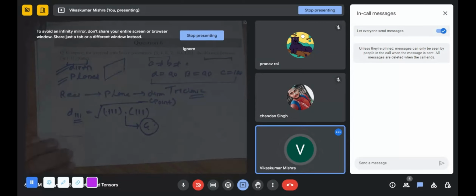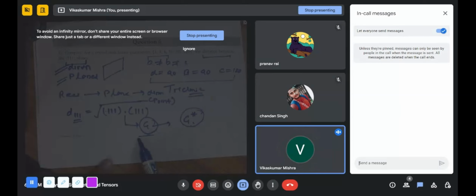If we want to do the same thing in the reciprocal space, instead of this G, we will need the reciprocal metric tensor. So now the question which was asked by you: the G has been changing, the metric tensor has been changing because we change our basis. In real space, our basis was a, b, and c. In the reciprocal space, our bases are a star, b star, and c star. This is our reciprocal basis. Since we are changing our basis, our metric tensor will also change.